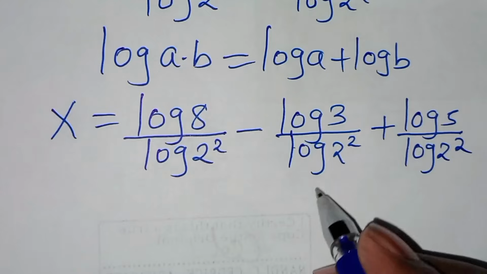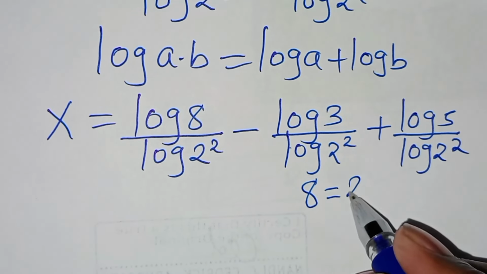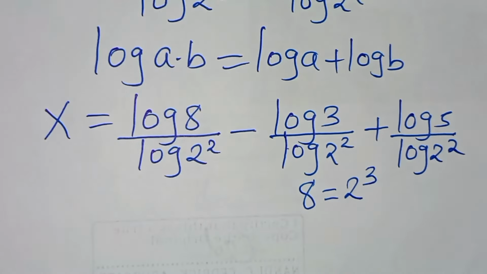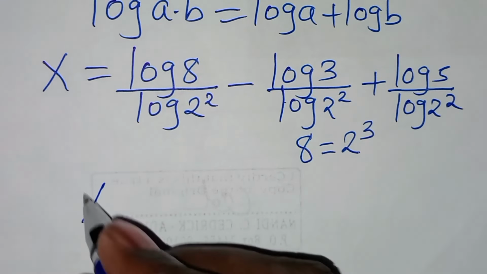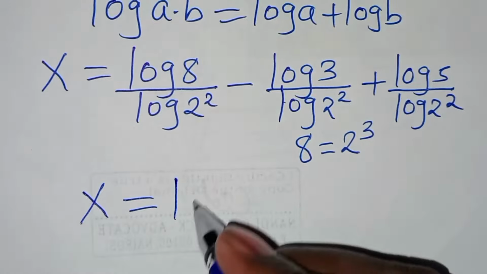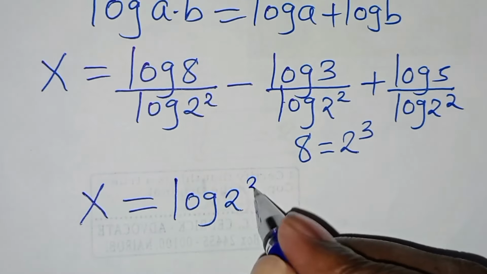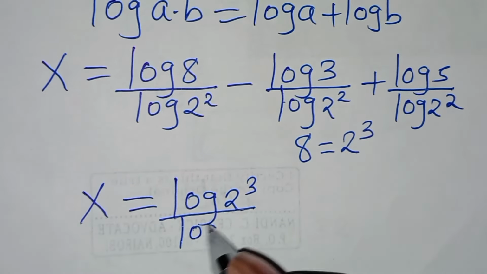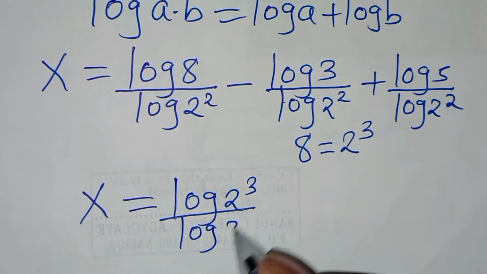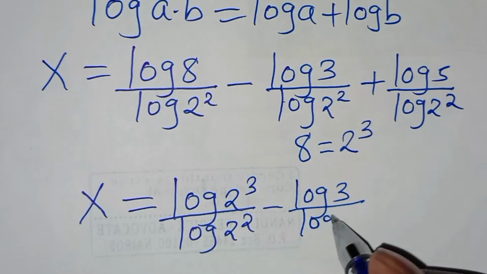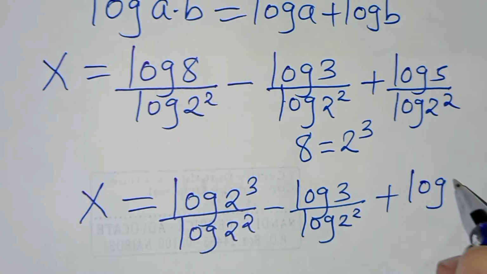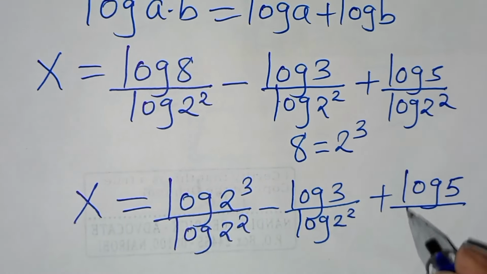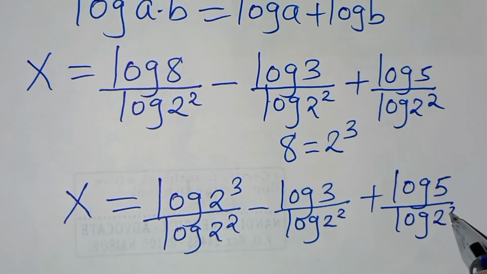Now, we can express 8 as 2 to the power 3. Let's substitute this so that x is equal to log 2 to the power 3 divided by log 2 to the power 2, subtract log 3 divided by log 2 to the power 2, then plus log 5 divided by log 2 to the power 2.